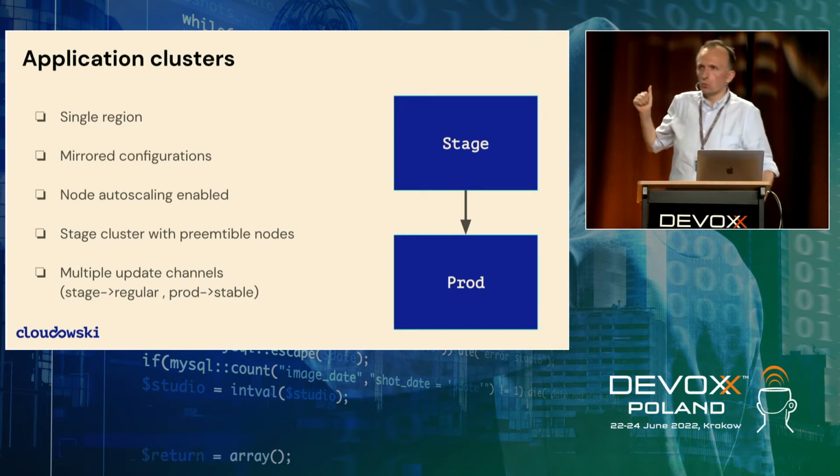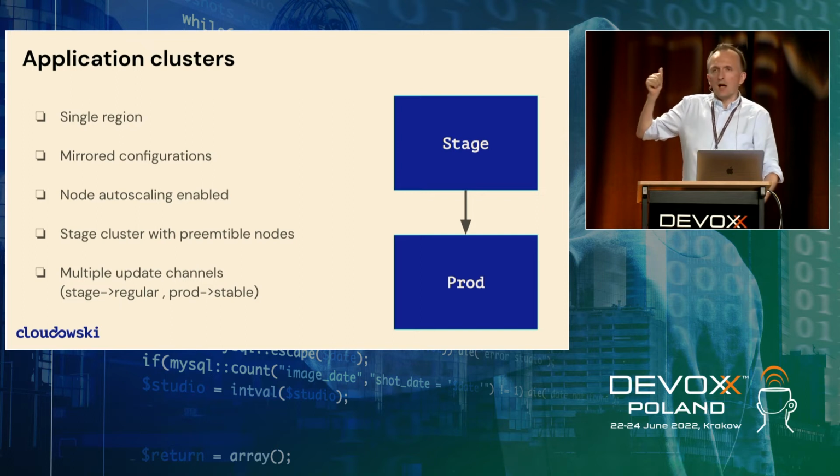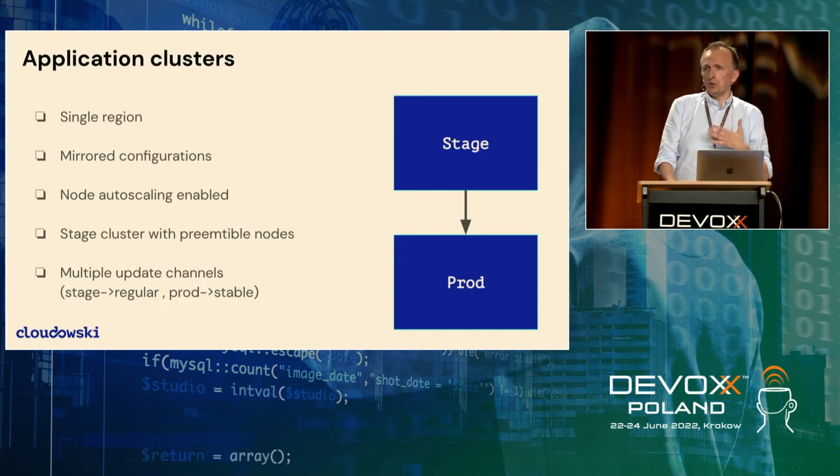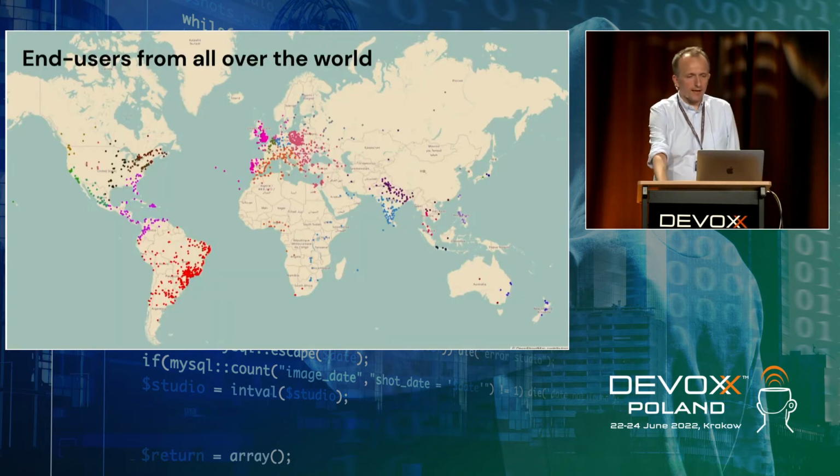However, what we found out is that GKE is awesome, because you can use multiple channels, and our stage cluster gets updates earlier than of course production cluster, which gives us some time to prepare for some major API changes and so on. It works pretty well for us.